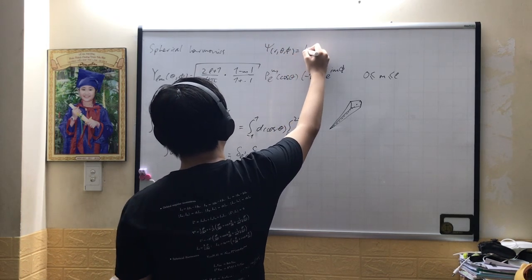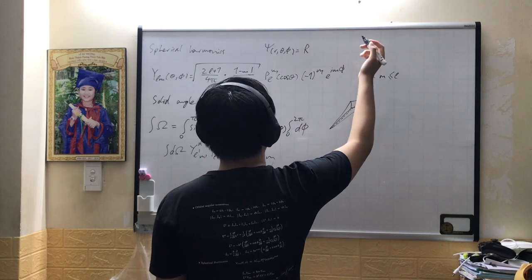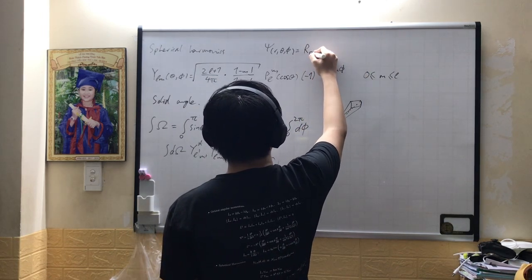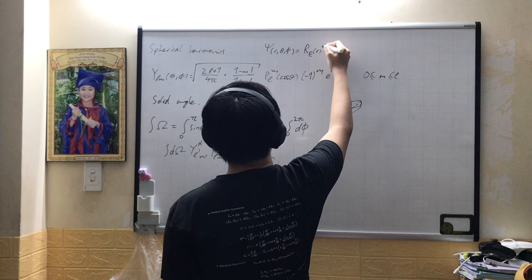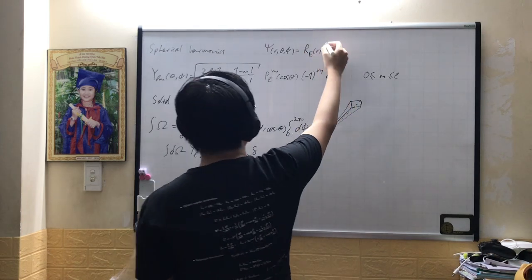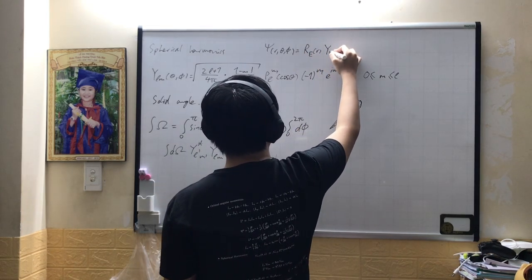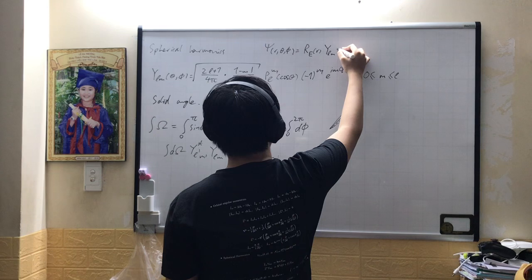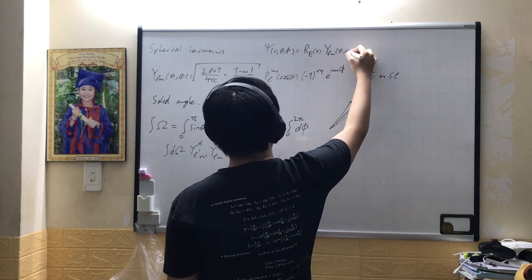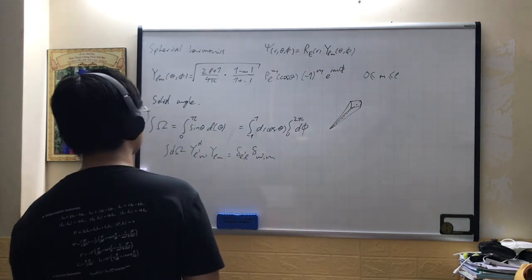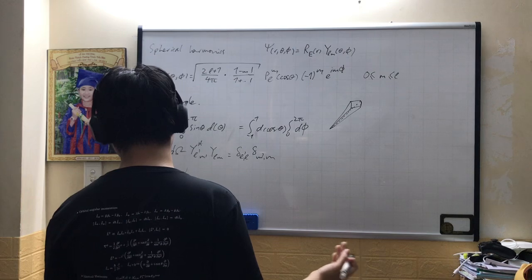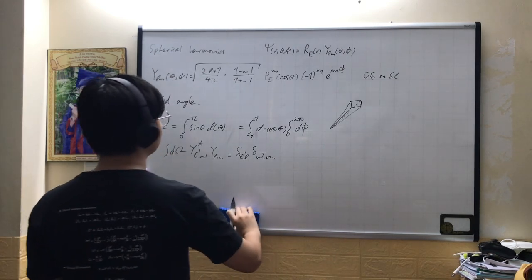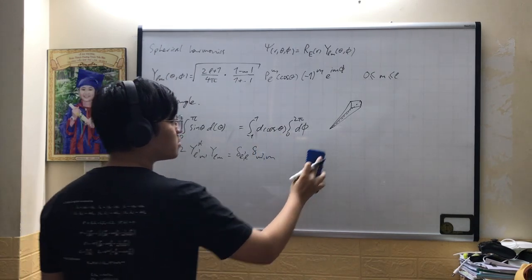The radial part I write as R of r, and the angular part is of course Y lm of theta and phi. Okay, so now we're going to put this back into our Schrodinger equation.